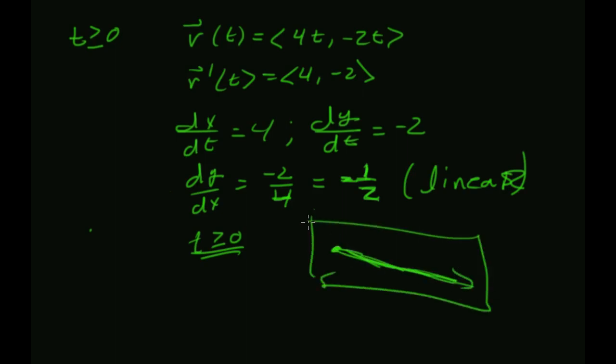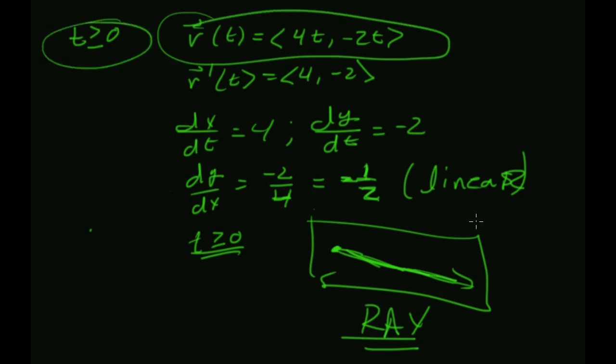There's the shape. This thing is a ray. It has an endpoint and it goes in a linear fashion in one direction. That means that the shape of this curve over that domain is a ray. Alright, so that's pretty simple, straightforward. Could be a great BC multiple choice question.